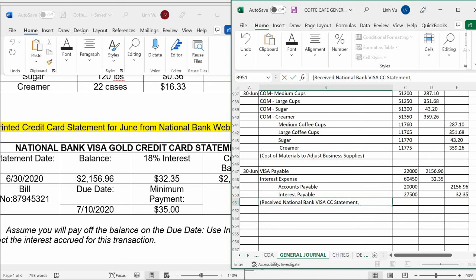And it was billing number 87945321. Okay, and if today is the 30th, when am I paying it on? I'm going to pay net 10, right? All right, good.